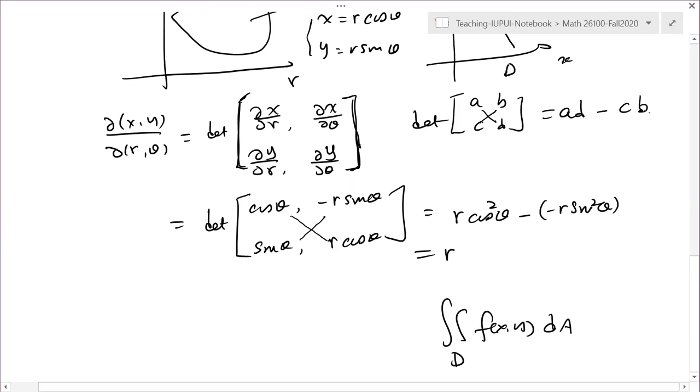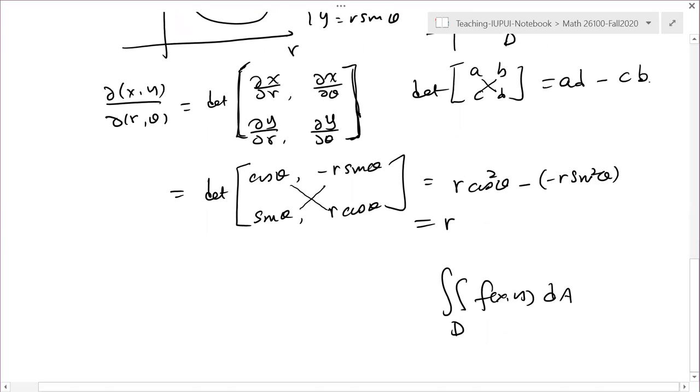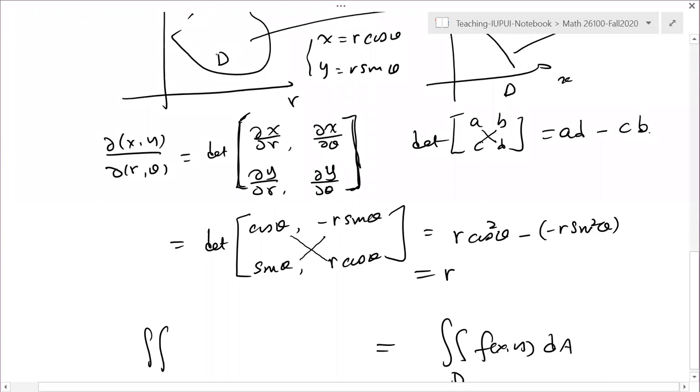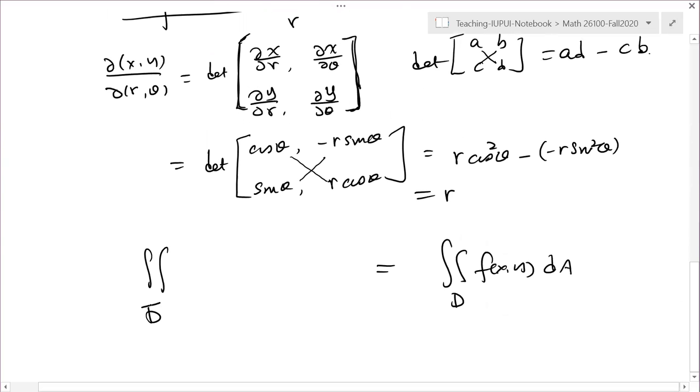Okay, so now you get this, right? Now when you apply the above formula, the question is we have to know what D bar is. It depends, and this is the difficult part, we have to figure it out. D is the image of D bar.